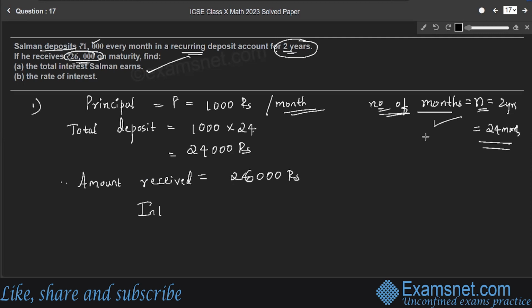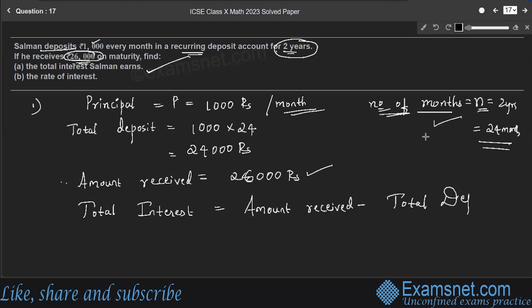Therefore, total interest is equal to amount received minus total deposit, which is 26,000 minus 24,000, equal to 2,000 rupees. Therefore, he earns 2,000 rupees total interest.